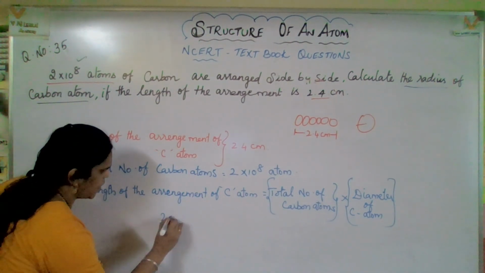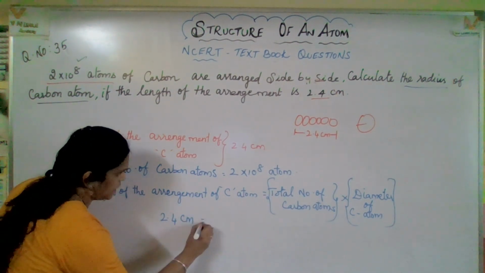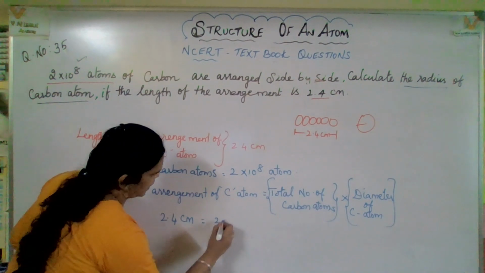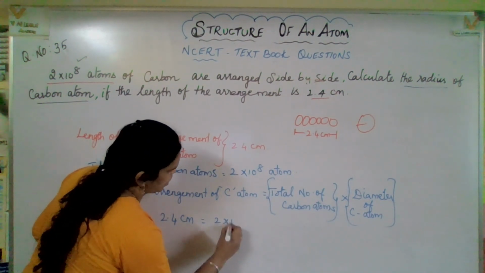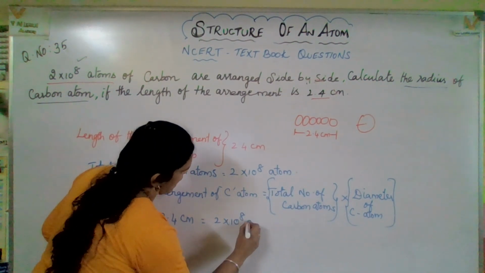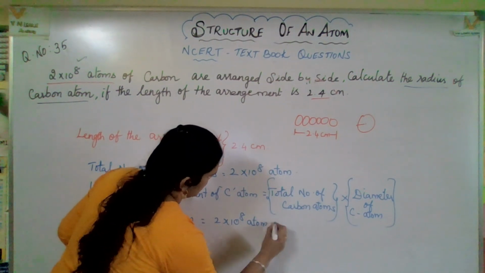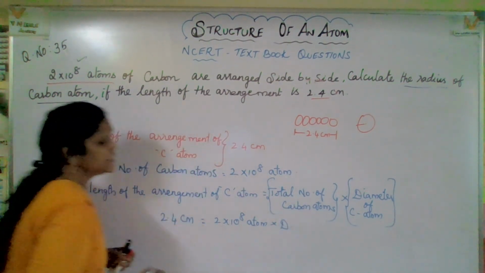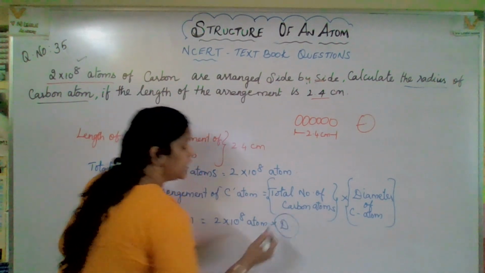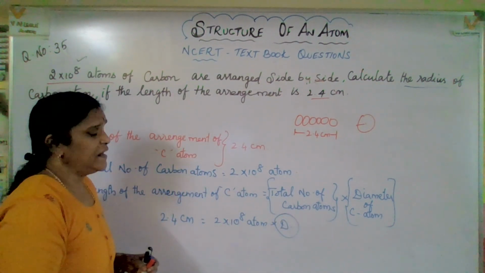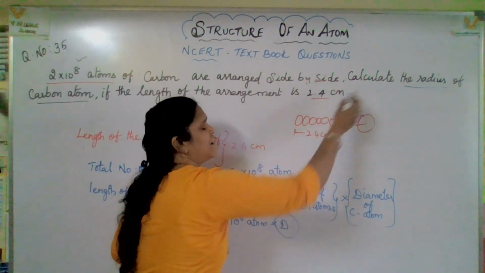This is 2.4 centimeter equal to the total number of atoms, which is 2 into 10 to the power of 8 atoms, into the diameter. We don't know the diameter, and if we find the diameter, we will find the radius.